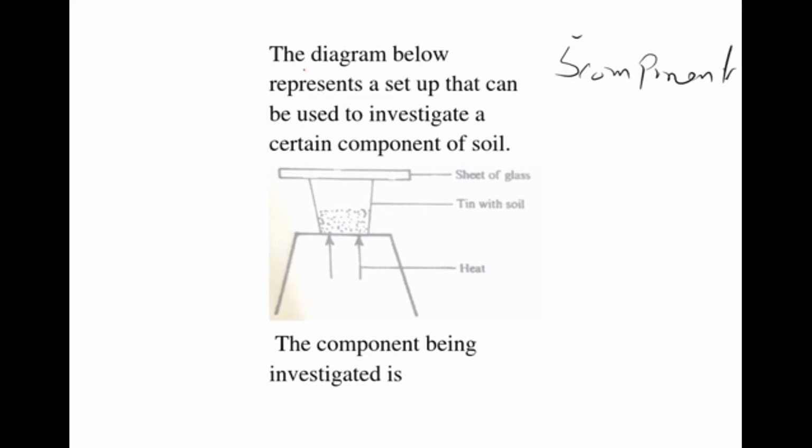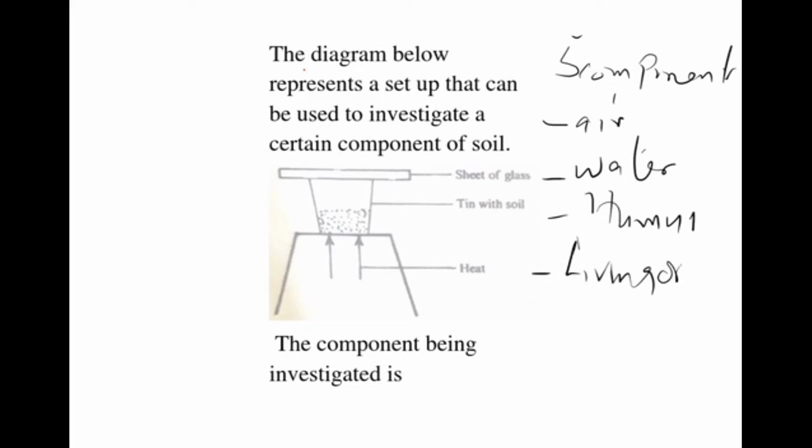These 5 components of the soil include air, water, there is also humus in the soil, living organisms, and also mineral particles.